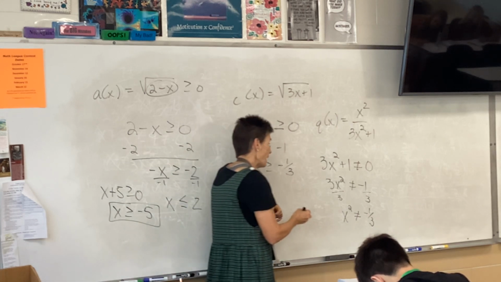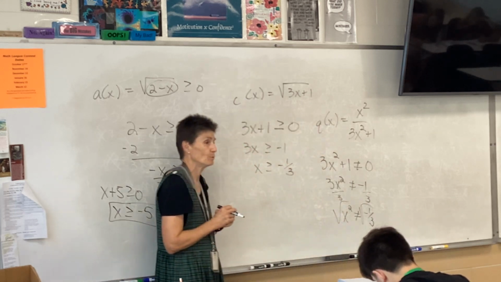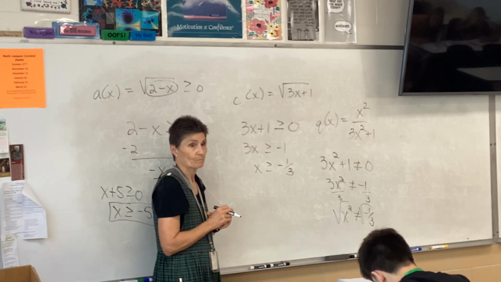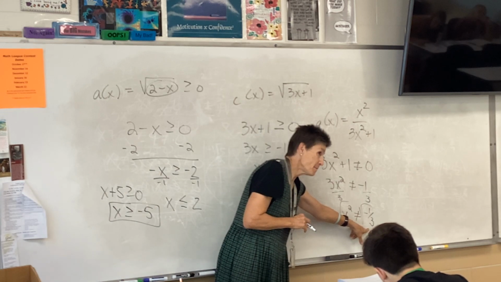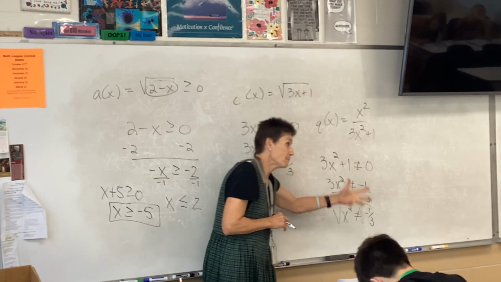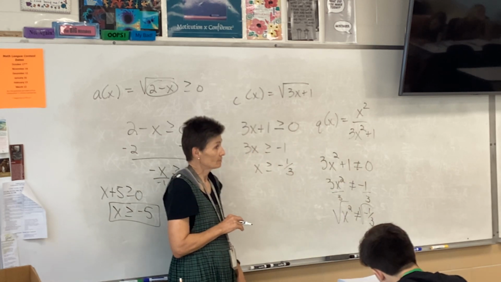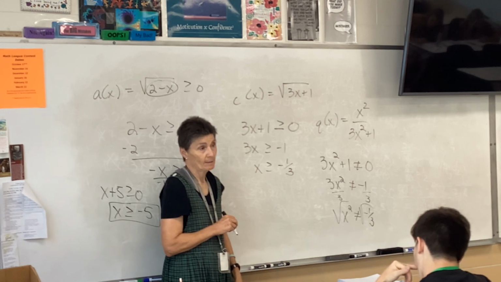Square root. And what's going to happen when I square root? Beep, beep, beep, beep. We got a problem. What's the problem? What happens when you square root a negative? You get imaginary, right? Imaginary.